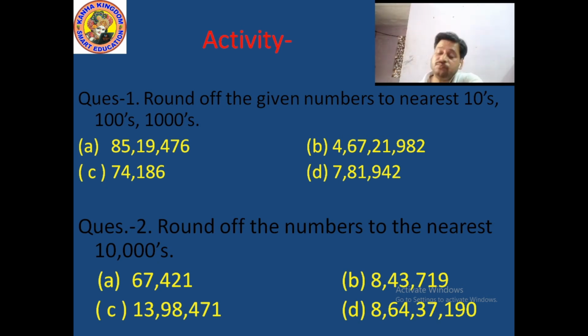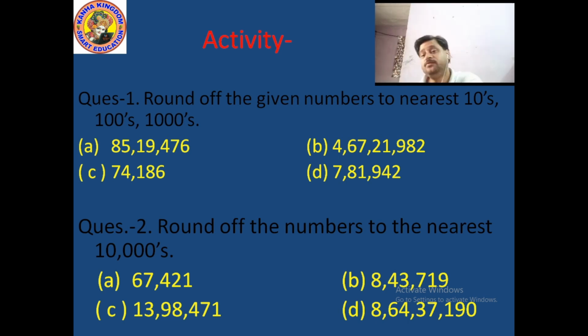Clear? If this number is rounded to nearest 100, check the tens place and 100 place. Here are also two rules. If the tens place is less than 5, you convert the tens place and ones place into 0. The 100 place is not changeable because the tens place is less than 5, and the rest, 1000 place and 10,000 place, remain the same.